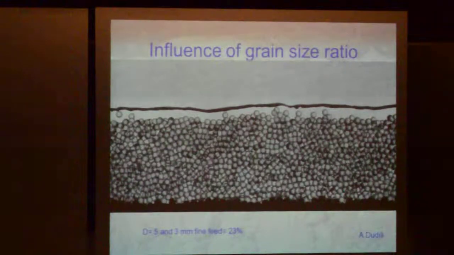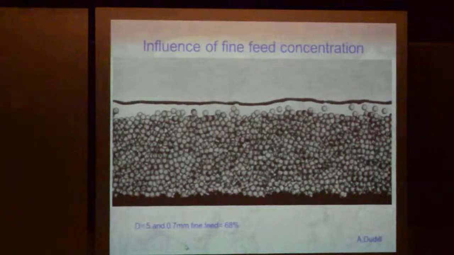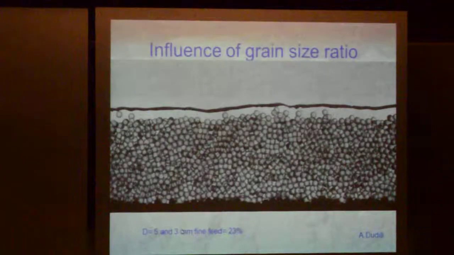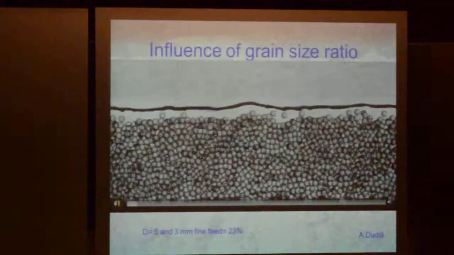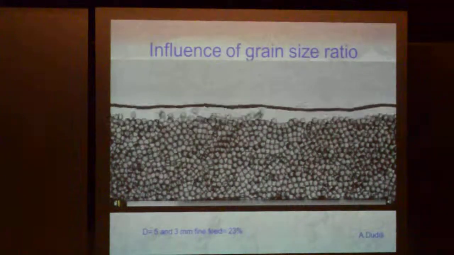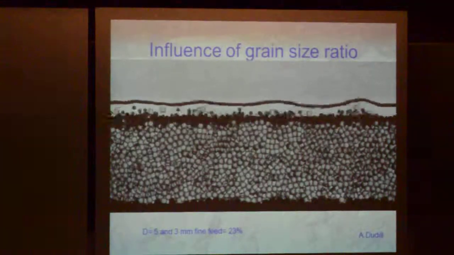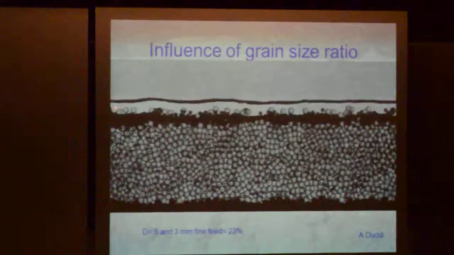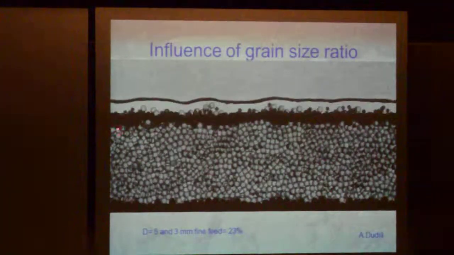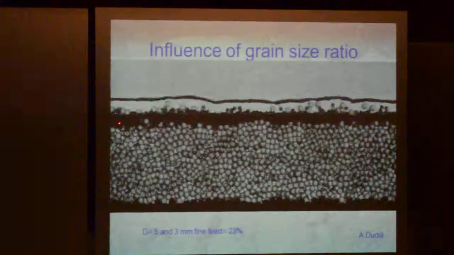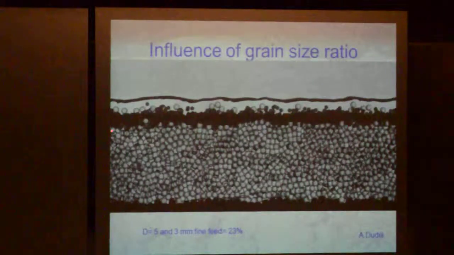Okay. Now we do the same, but we use 3 millimeter beads. 3 millimeter beads, which are actually blue. And so in this case, for this ratio, there is absolutely no possibility of spontaneous percolation.